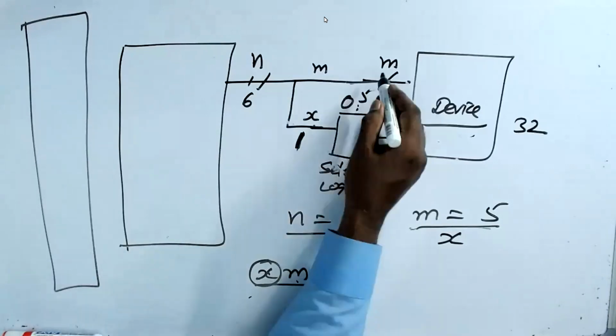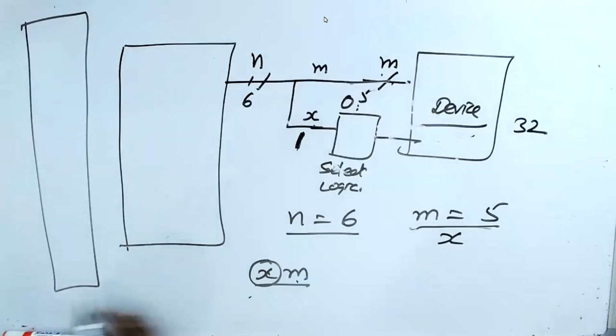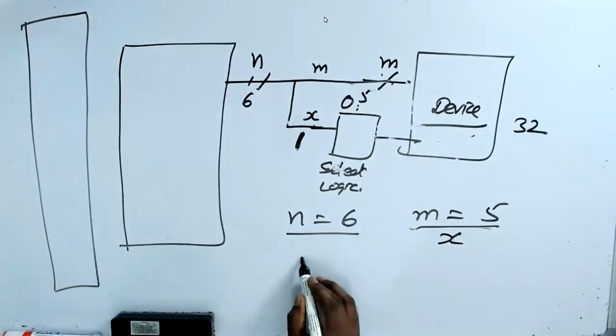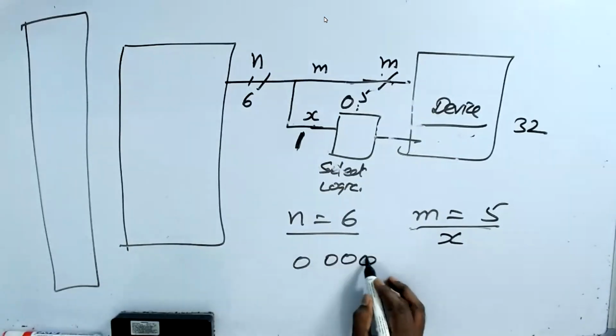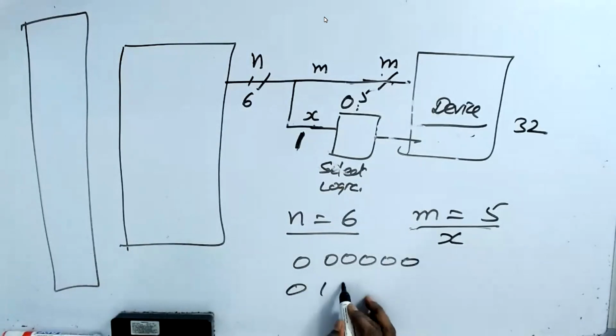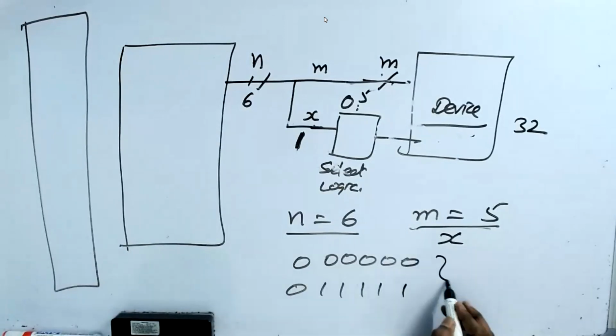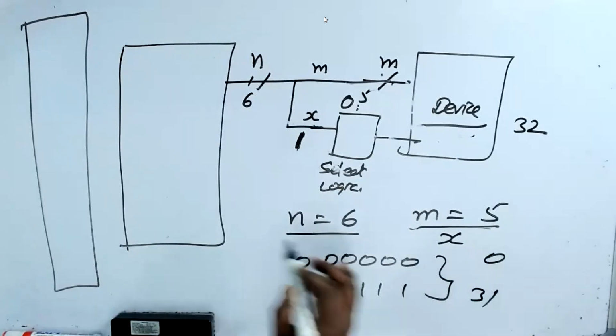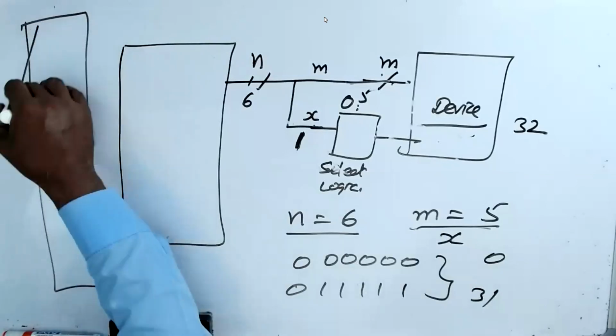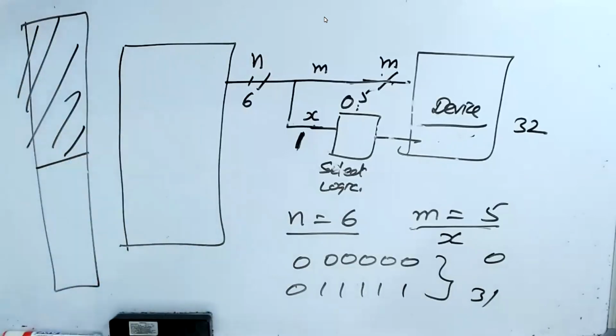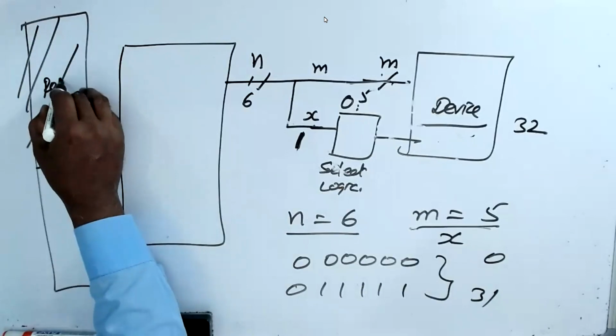M is now 5, so 5 bits: 00000 to 11111. So this address range is 0 to 31. That means your memory is going to occupy here. This is your ROM address.